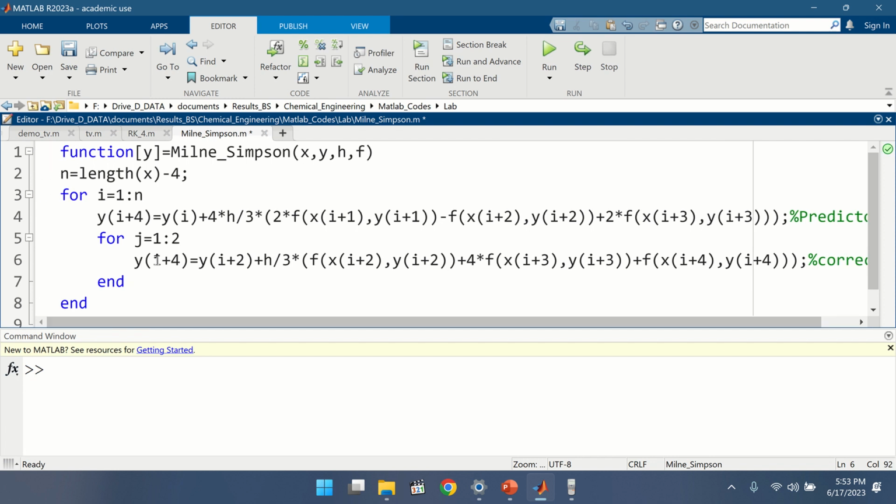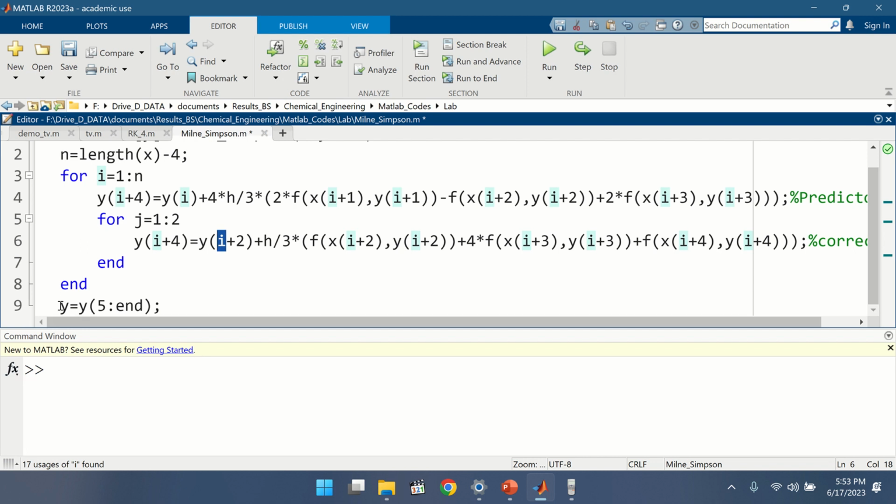If I call i to be 0, the initial value, we'll have y4, that is y2, and then h by 3 times f of x2 y2, plus 4 times f of x3 y3, and so on. Then I'll take the values from 5 till the end, because it depends upon how many values of x you have given. The initial values are known, so we don't need to display them.